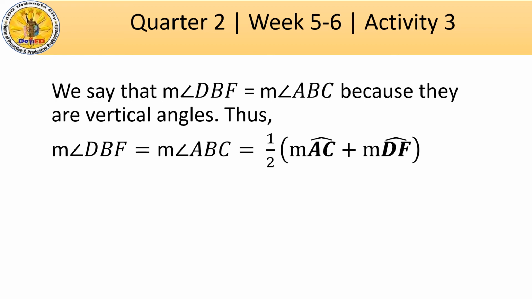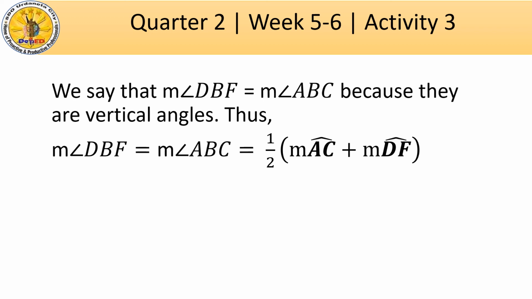So, if the measure of angle DBF is equal to the measure of angle ABC, then it is equal to 1/2 the sum of the measure of AC and the measure of DF.